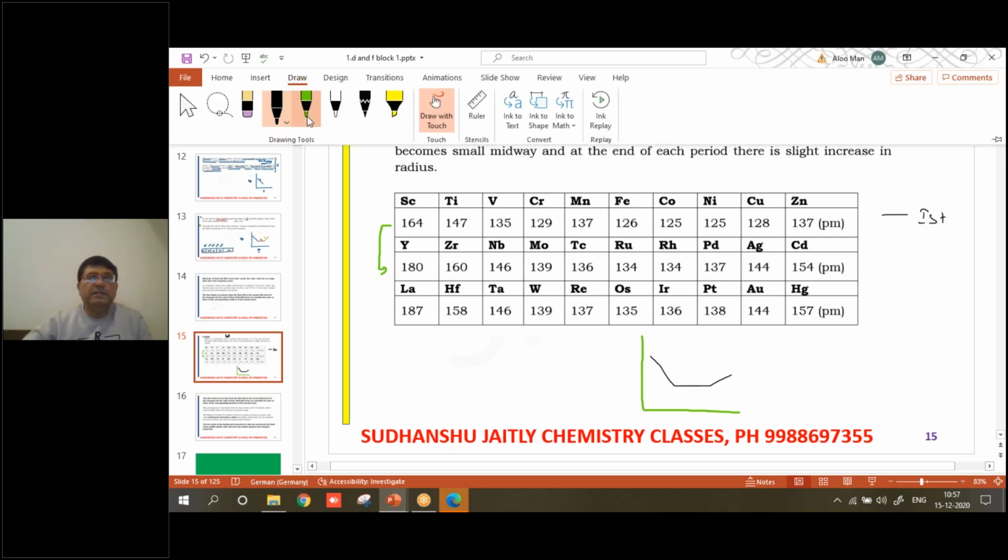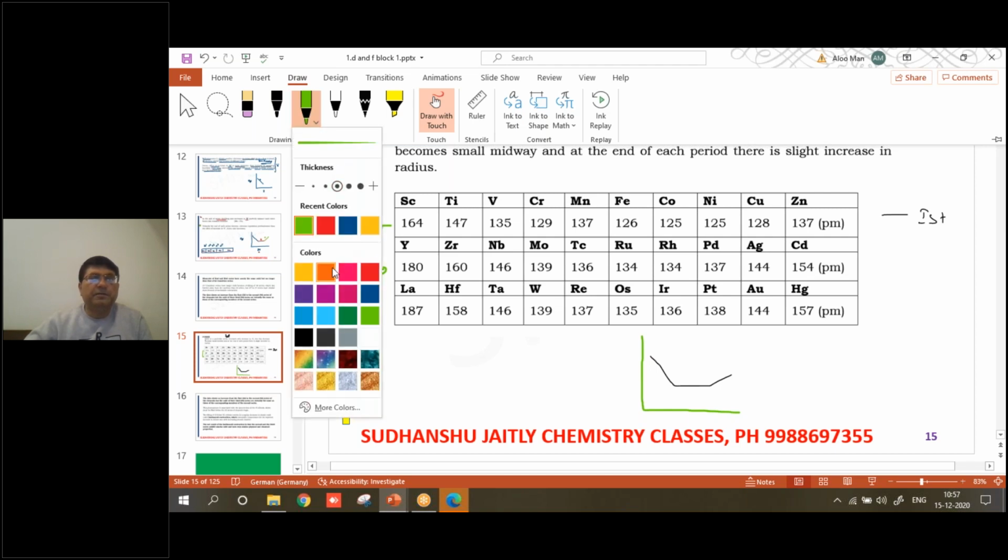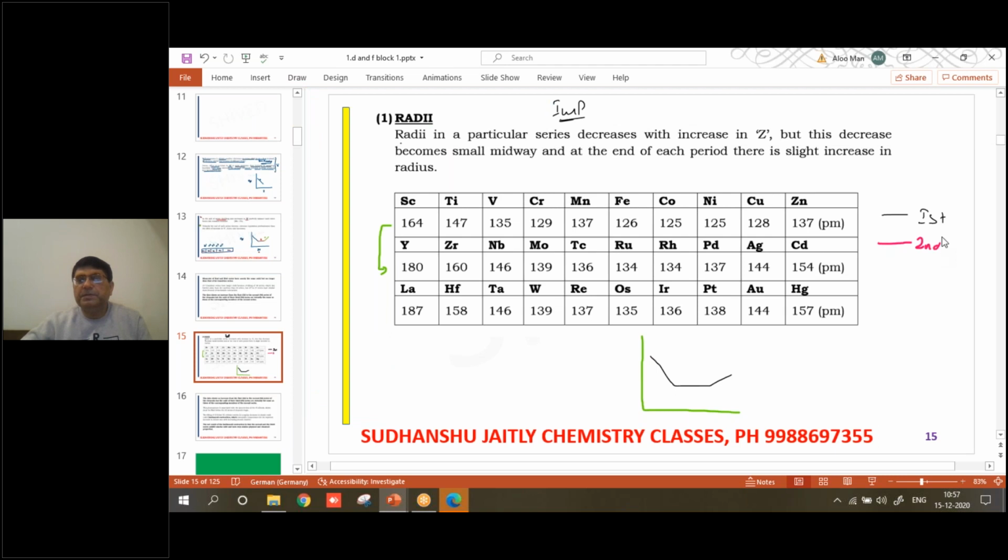Now, let's change the color of the pen, right? This is going to represent the second transition series. Second transition series देखो size बढ़ रहा है ना, 129, 137, 154. So this is going to be something like this.